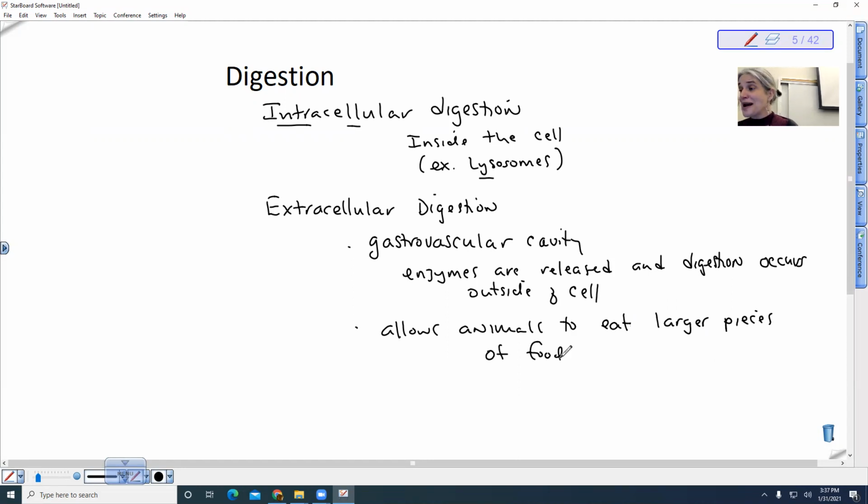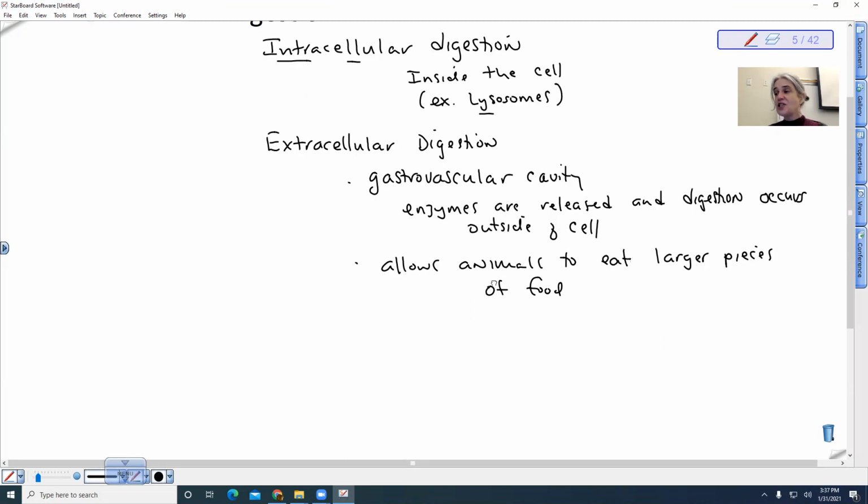Sponges are filtering microscopic pieces of food that could fit inside of a cell. They cannot digest anything that is too big. If it doesn't fit inside the cell, they can't digest it. Jellyfish, for example, can digest big fish, right? And so can sea anemones. That is a major adaptation, having that gastrovascular cavity.